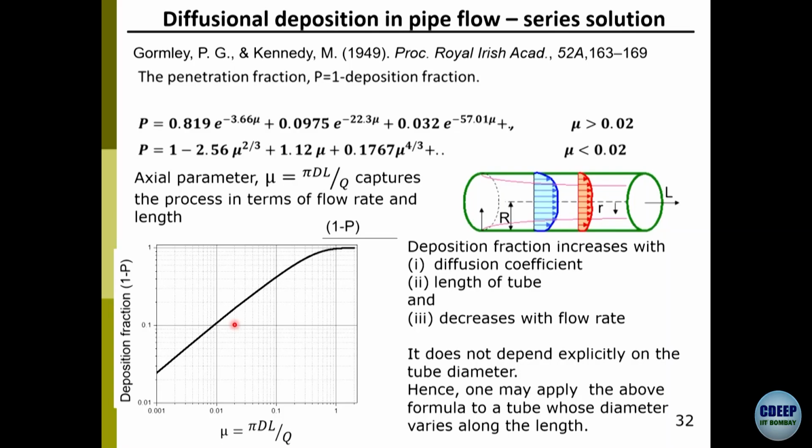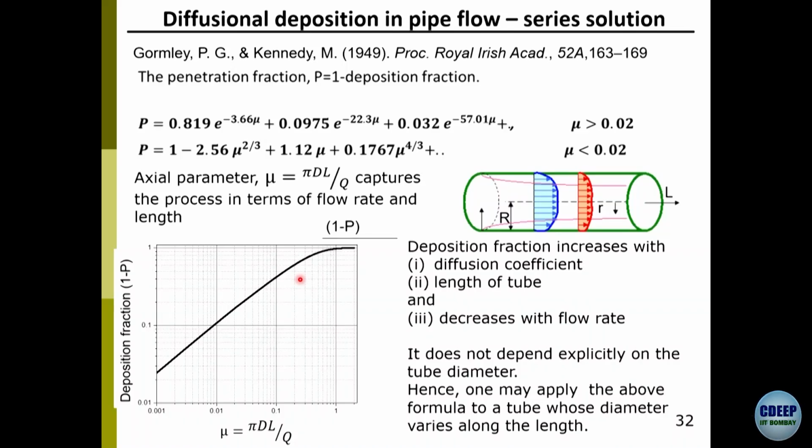You are going to have just 10% deposition or so when you have these small values of mu, and only as you get to large values of mu will you start having fairly significant deposition. So for all practical purposes, here you are going to be using the mu greater than 0.02 case.